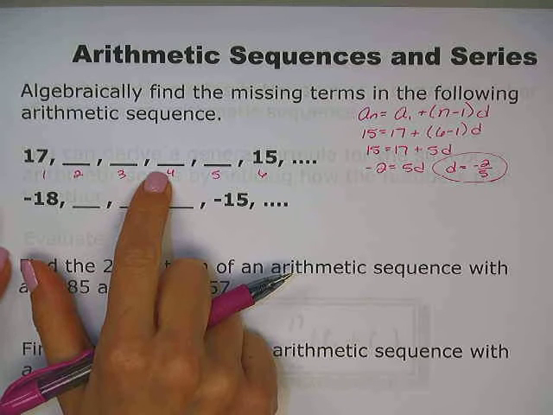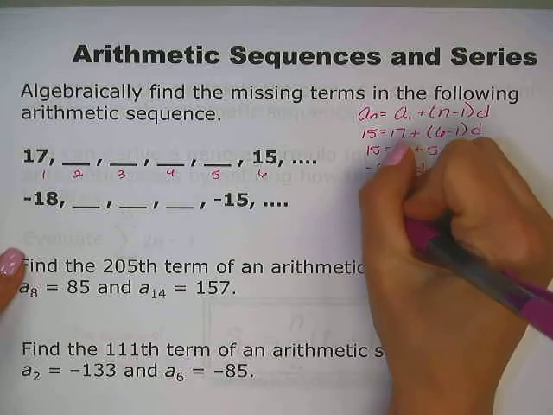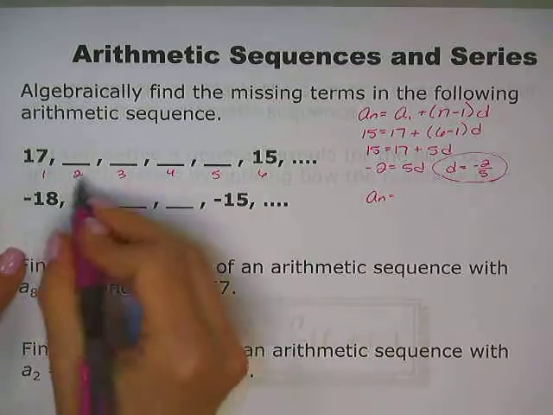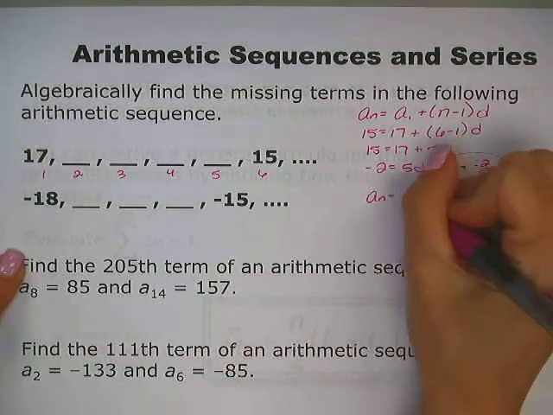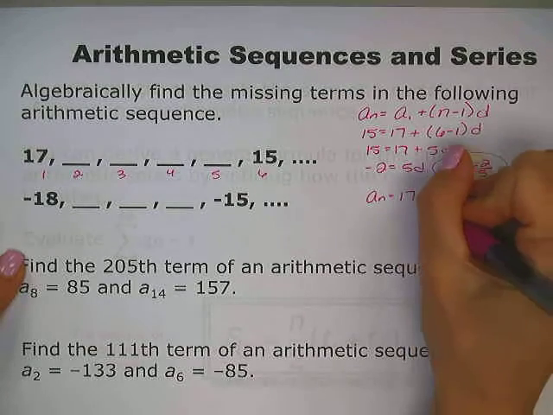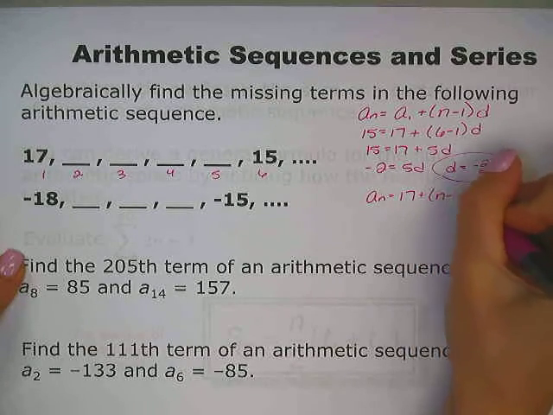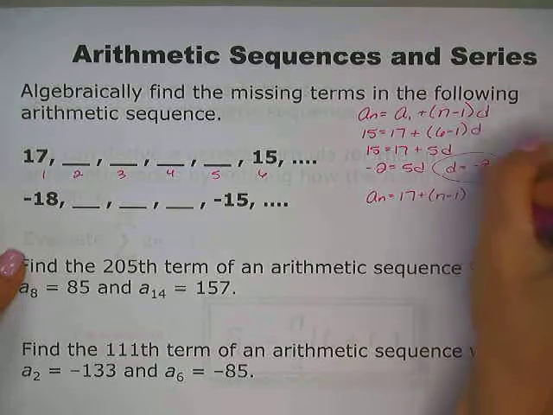So what I'm going to do now is write the explicit rule for that. So I've got a sub n equals a sub 1, which we decided was 17, so I'm just going back to this formula up top here. I've got 17 and then plus n minus 1 times the common difference, which I just figured out was -2/5.